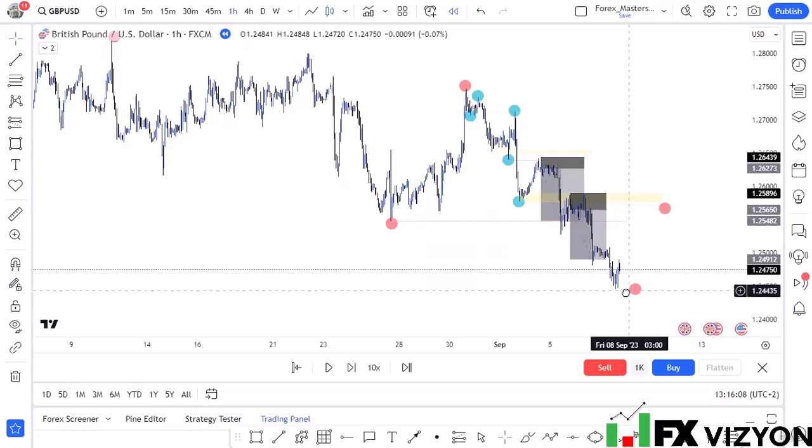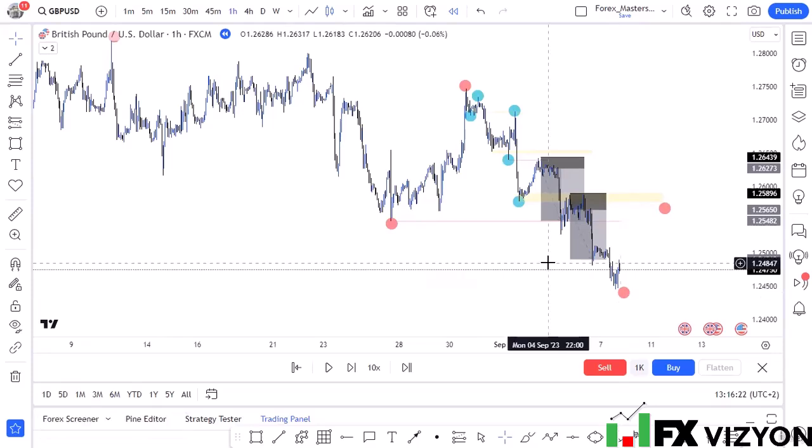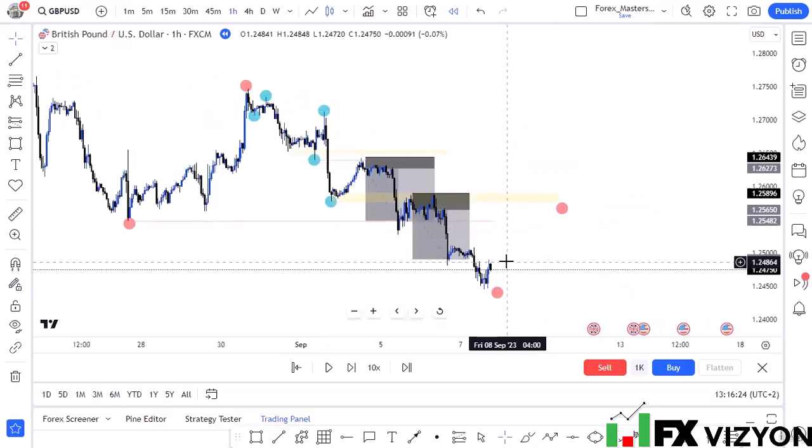This is why I was telling you that knowing the bigger picture is going to help you understand what the lower time frame, or the internal structure, is doing. It's going to help you to be on the right side of the market.